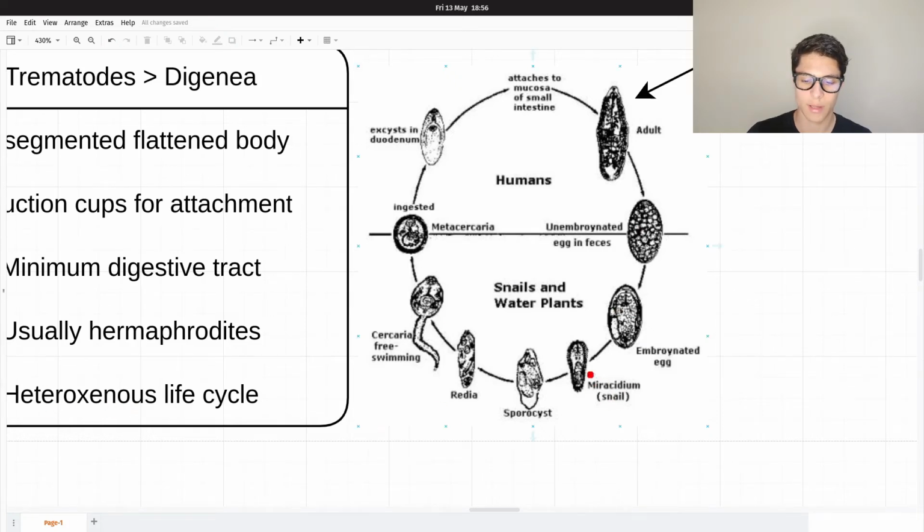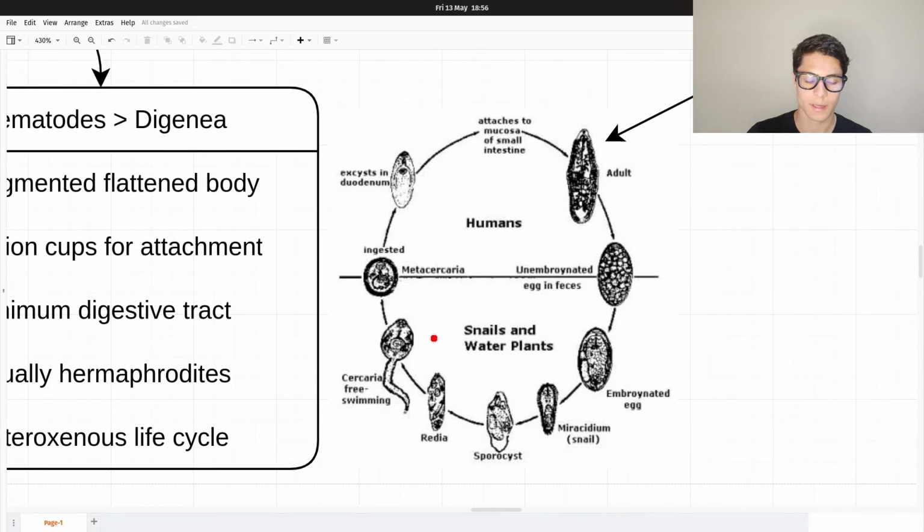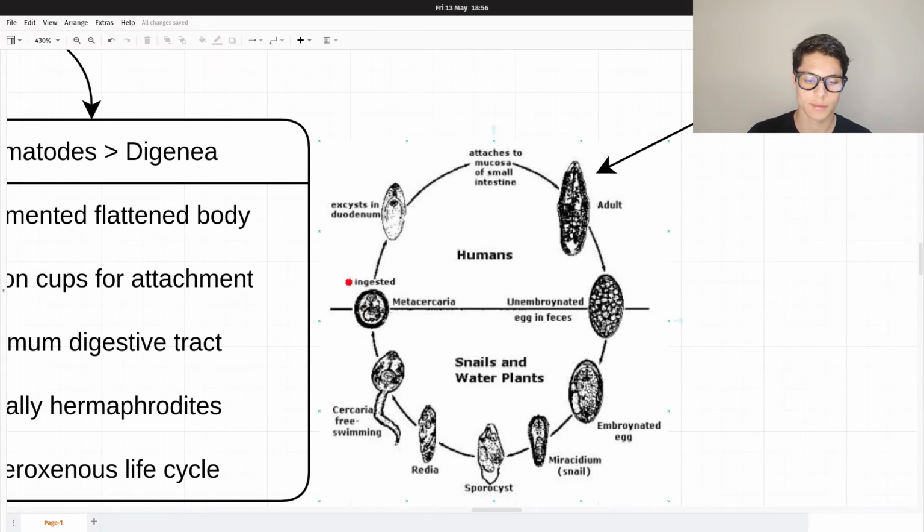On the snail it will grow to a sporocyst, then a redia, and then a cercaria, free swimming. And then the cercaria can leave the snail, and once ingested by, for example, a fish or something else, it becomes a metacercaria.